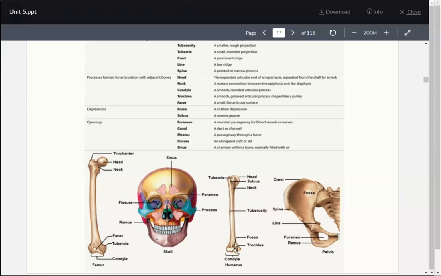Now, do you need to memorize these? No, but you do need to be aware of them.